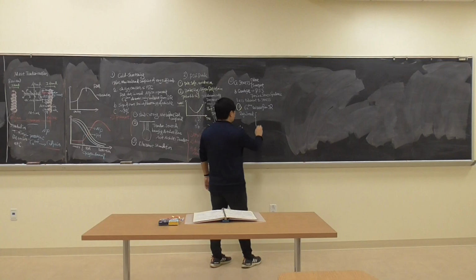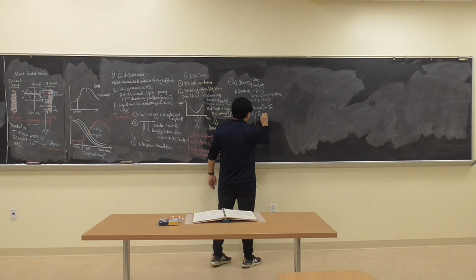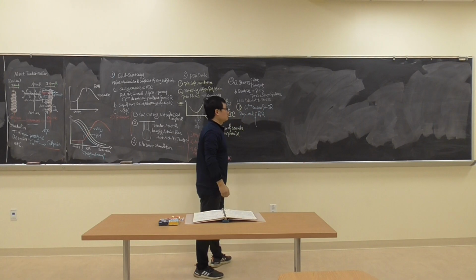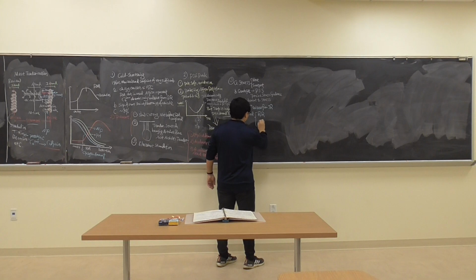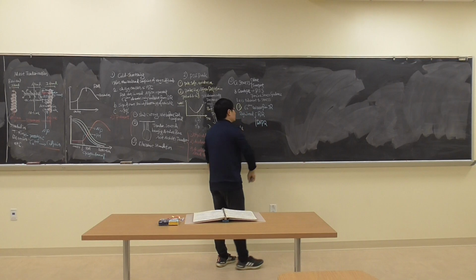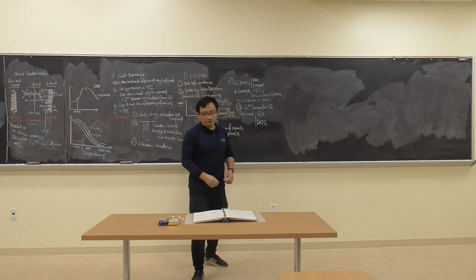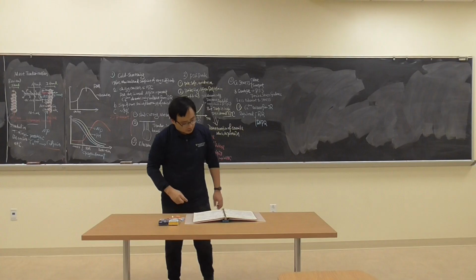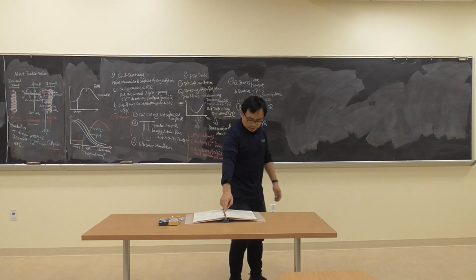What are the two proteins? One of them is RYR. Another one is DHPR.